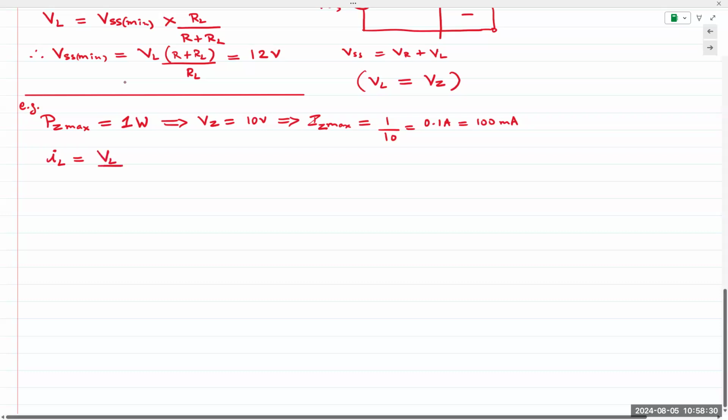I can use either the KCL if I had those values, but an easier way is to simply apply Ohm's law. V equals IR, so I is V over R. That gives me 10 over 6,000, which is 1.667 milliamps.